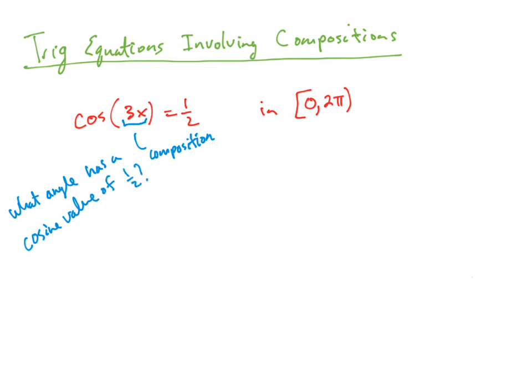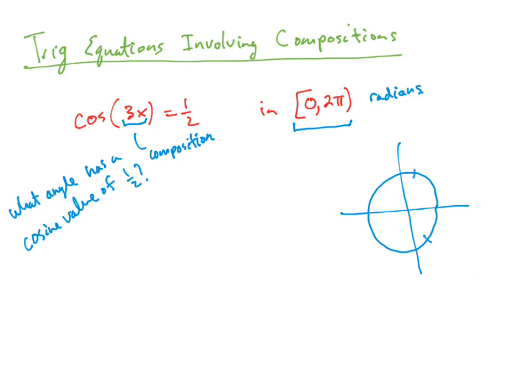And this interval here, 0 to 2 pi, is telling us we want to know what angle in radians. Thinking about the unit circle, cosine is positive in quadrants 1 and 4, and it's equal to 1/2 at these locations. So in radians, that's going to be pi over 3 and 5 pi over 3.